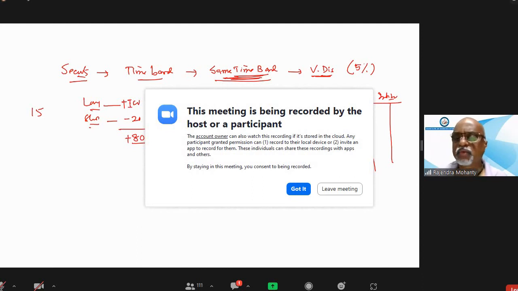Same zone means two time bands might be there in Zone 1. If they fall under that, a separate percentage applies. It might be between Z1 and Z2, so this is an interzone. It might be Z2 to Z3, another interzone. It might be Z3 to Z1. For that, a different rate is applicable. So you have to see the same time band.